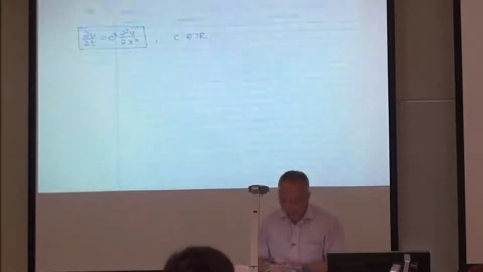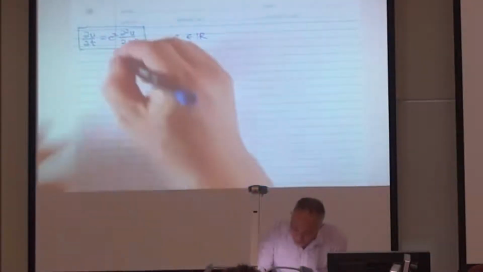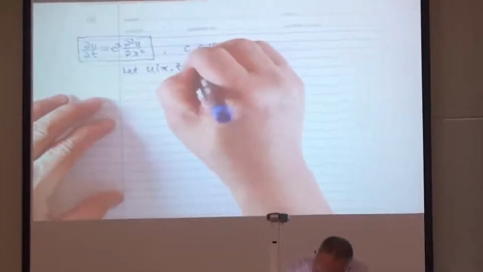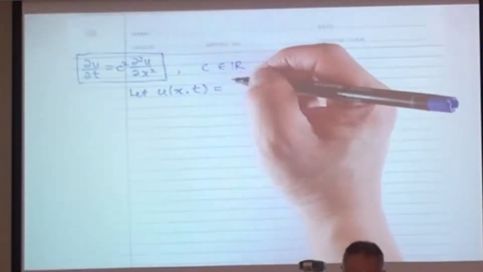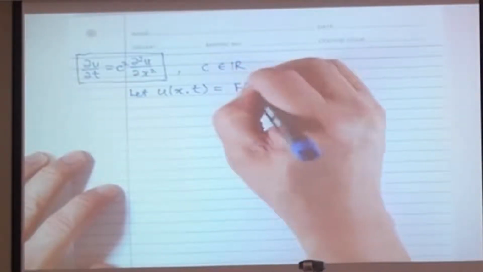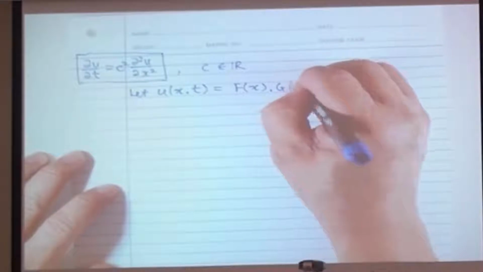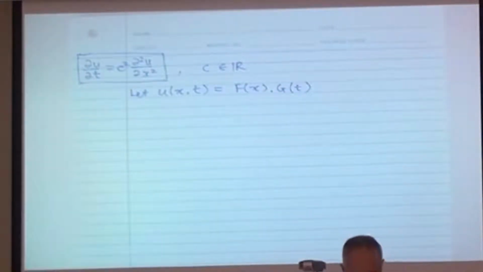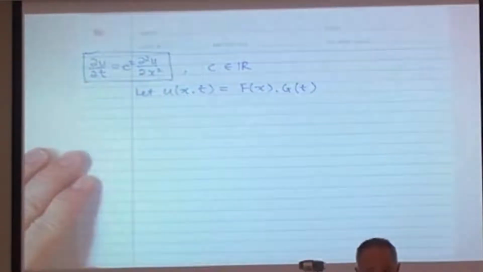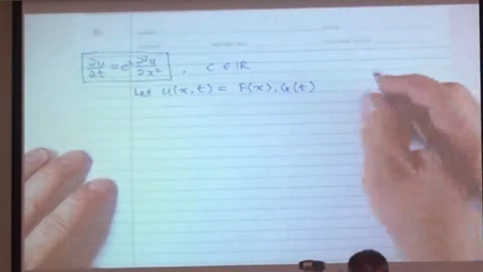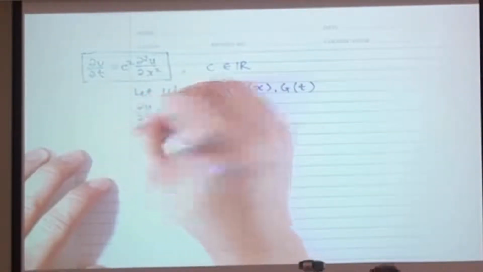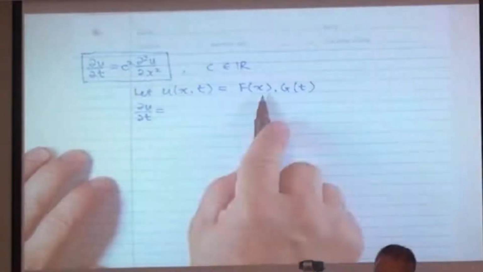Of course, our strategy is that we let u(x,t) be a function f of x times g of t. Then we need to substitute this inside here, so we will need du/dt. So let's find du/dt.